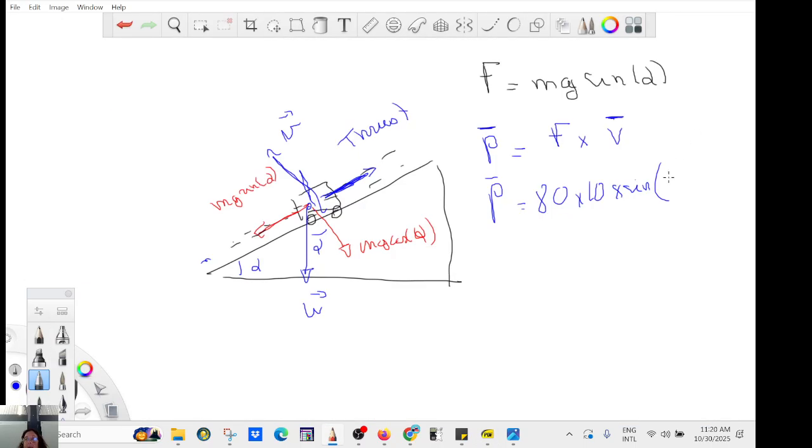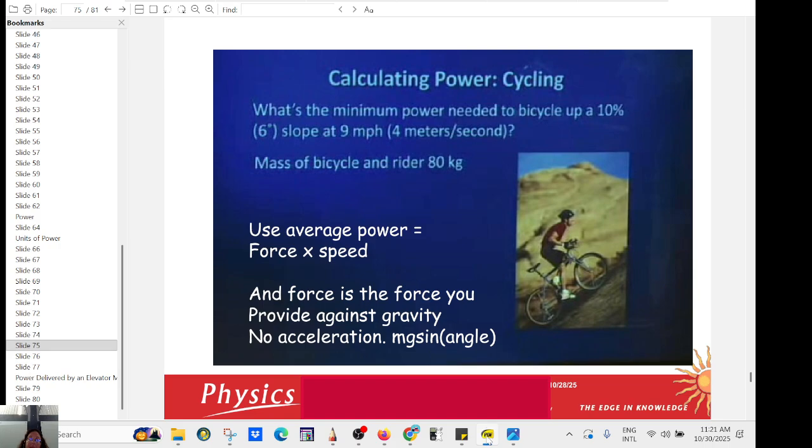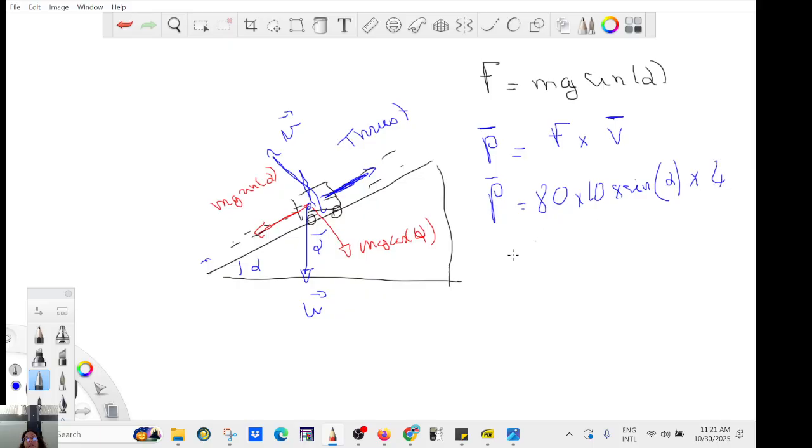So you figure out the angle, times the average speed, which is 4. Okay? That's one way to do it. So 10% means this is 10 and that will be 100, right? 10%.